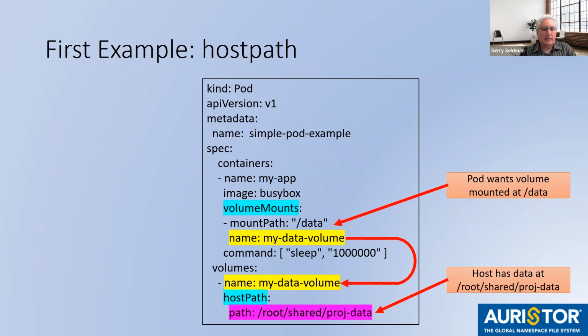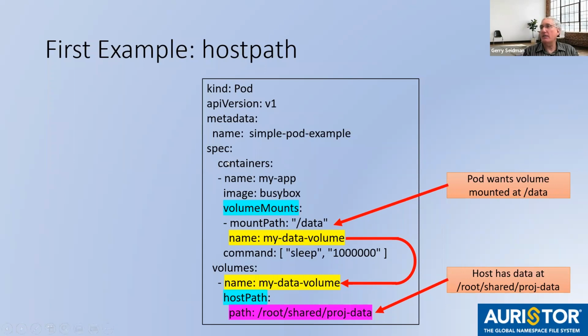So in blue, for those of you who aren't colorblind, blue are just the API words, the API parameters. You'll see something called a volume mount.